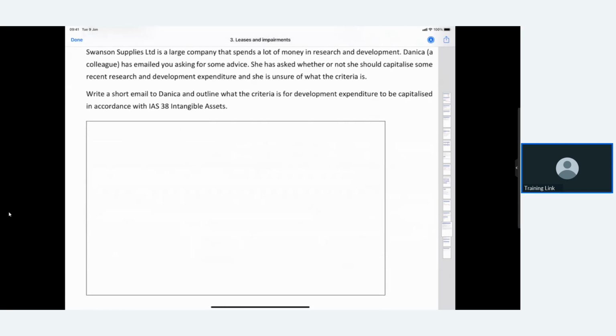Okay, so we first, well, as it's an email, let's make sure that we are doing it as an email. So good afternoon. It is very important that when we are doing these, we do it in the format that is asked for. So email, good afternoon, Danica.